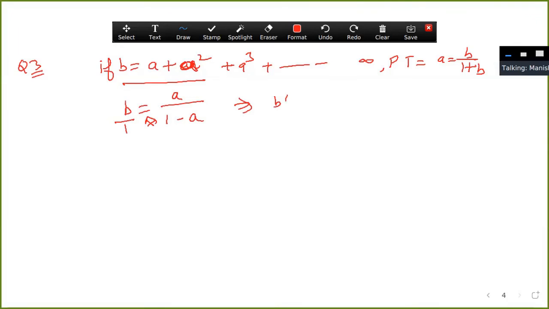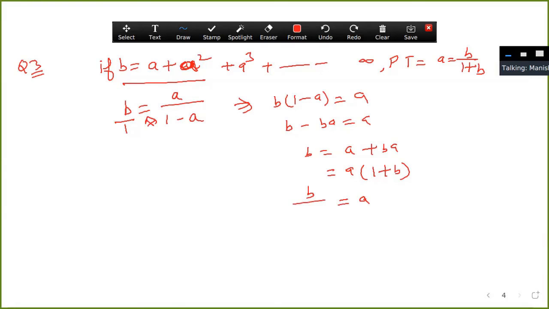You get b into 1 minus a equal to a, b minus ba is equal to a, or you want a, it means transpose the ba to right hand side, take a common. What you will get? A is equal to b upon 1 plus b. Such type of questions also can be asked. Okay, this is hence proved.